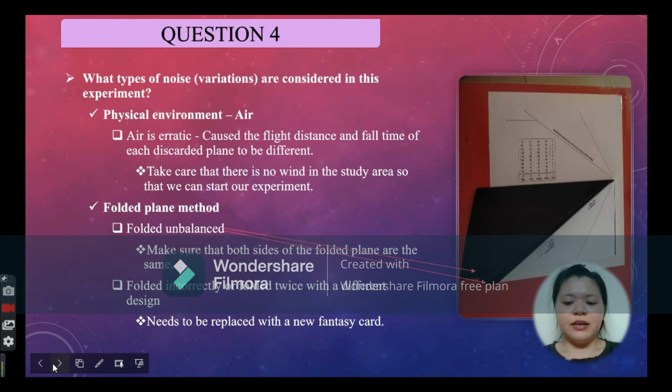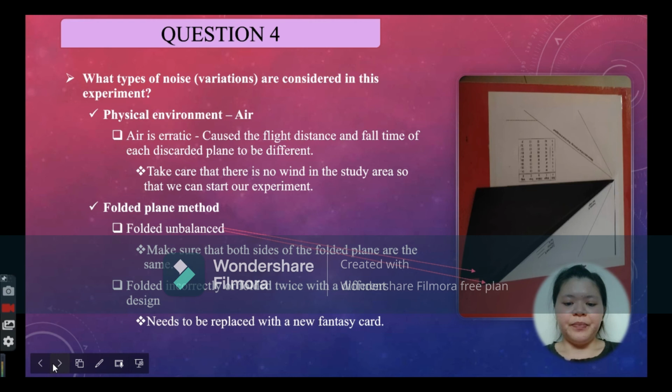In fact, the air in our experiment greatly affects the flight of an aircraft, namely the flight distance and the landing time of an aircraft. When the air is erratic, it causes the flight distance and fall time of the thrown plane to be different. As we can observe, the stronger the air, the farther the flight distance of an airplane and vice versa.